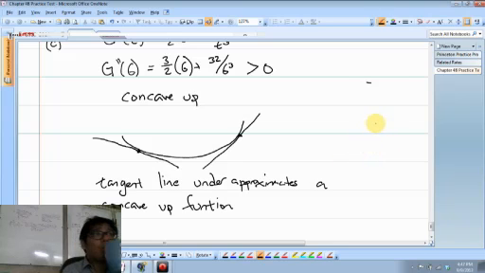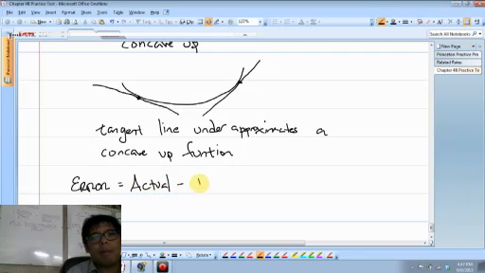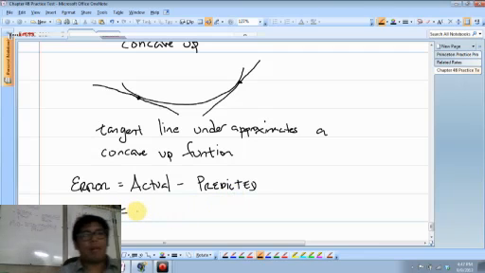Yeah. So would the compute error approximation just be the answer of what the second derivative is? Error of approximation is equal to the actual value minus the predicted value. So what is the actual value?